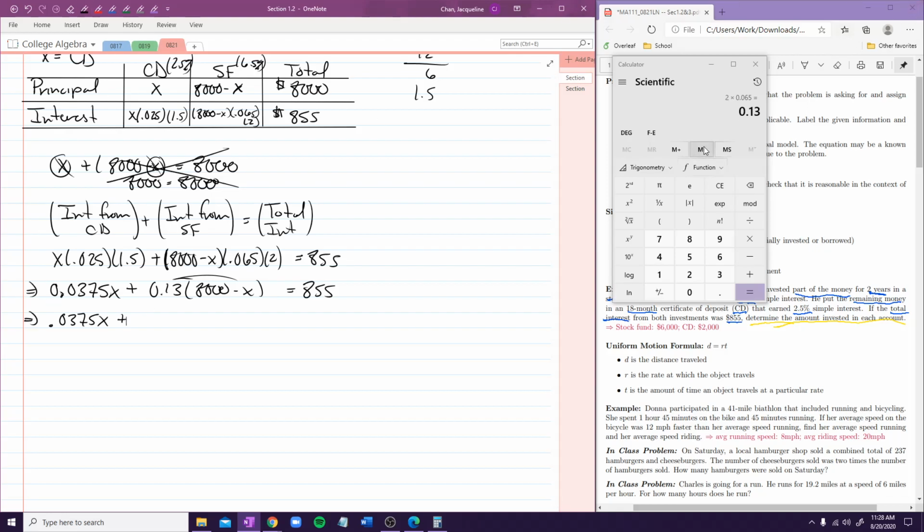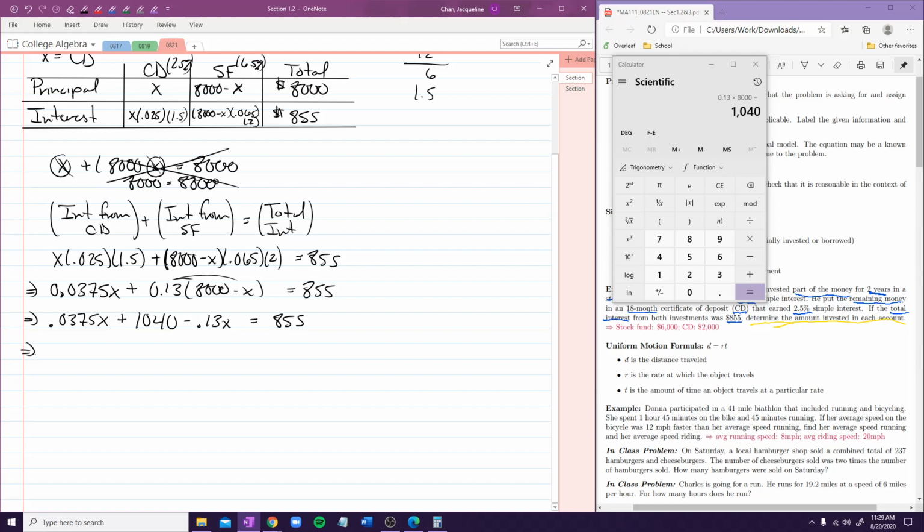So 0.13 times 8,000, that is 1,040, minus 0.13x. Again, we don't have to do anything on the right side. Before we continue, I'm going to combine.